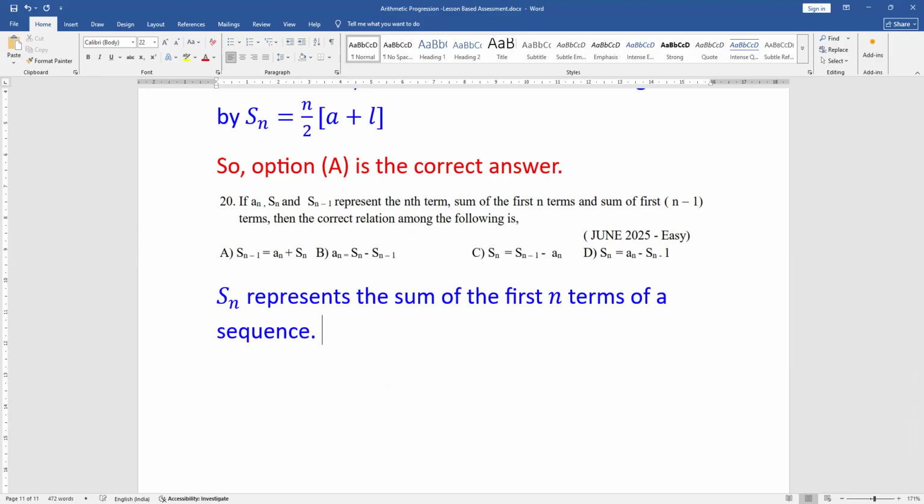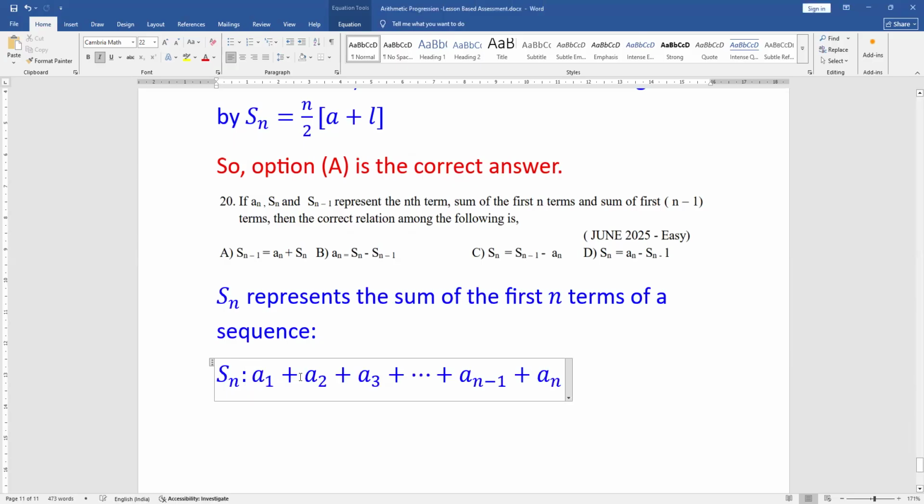Okay, now how can I write this Sn? See, actually Sn can be written as A1 plus A2 plus A3 and so on up to an minus 1, an. I will write it like this.